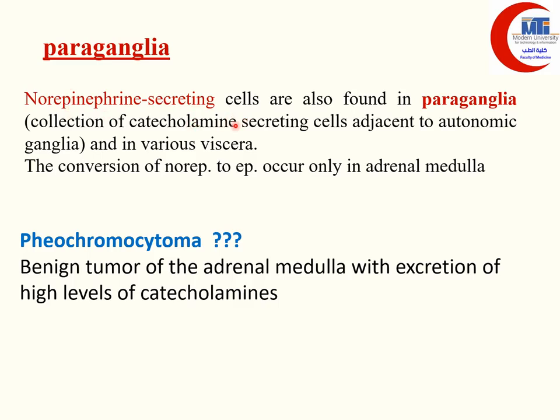So these cells give positive chromaffin reaction also, like the chromaffin cells in adrenal medulla. We mentioned paraganglia in this lecture for that reason. The conversion of norepinephrine to epinephrine occurs only in the adrenal medulla.